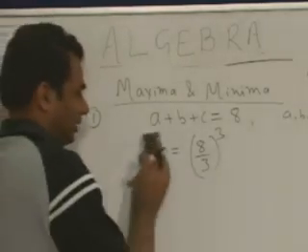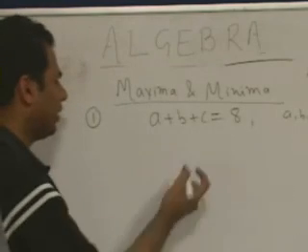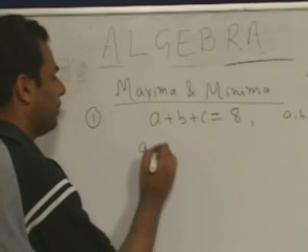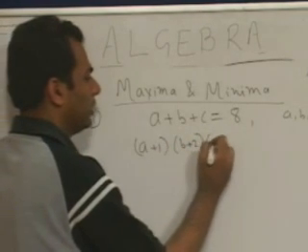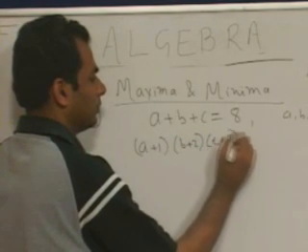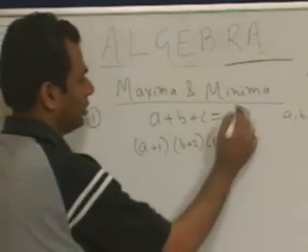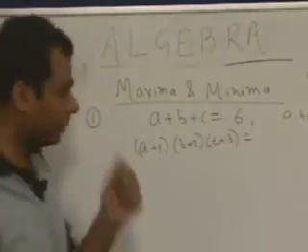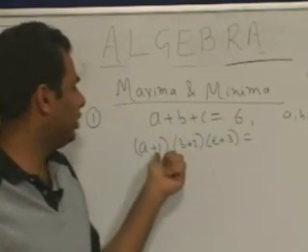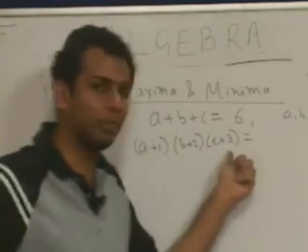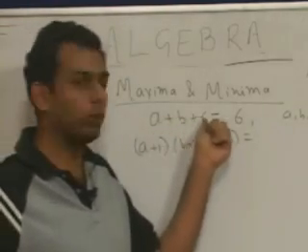Similarly, if I say a plus b plus c is equal to, let's make a change, 6, and we need to find out the maximum value of a plus 1 into b plus 2 into c plus 3. Now remember one thing which is important: straight away we cannot put the value a equal to 2, b equal to 2, c equal to 2.